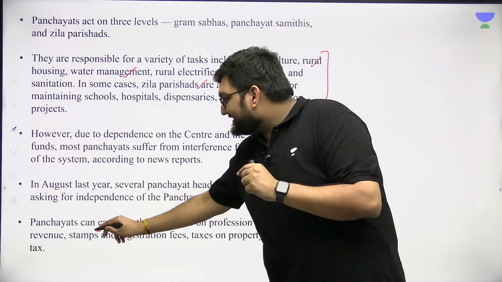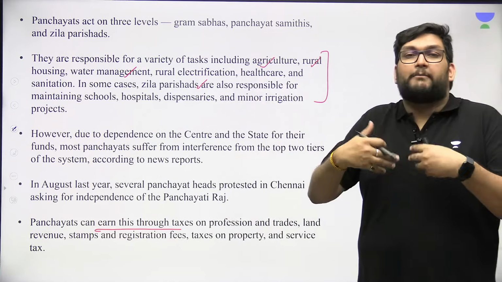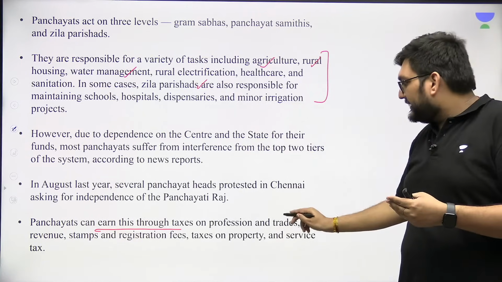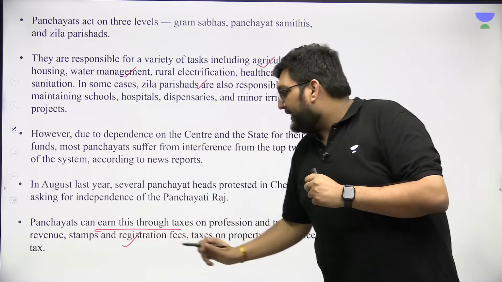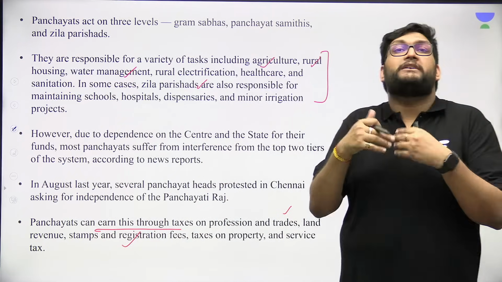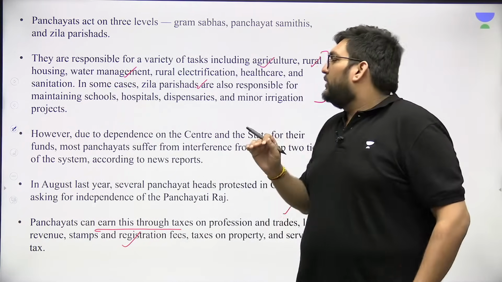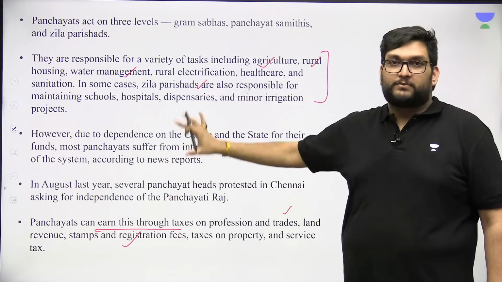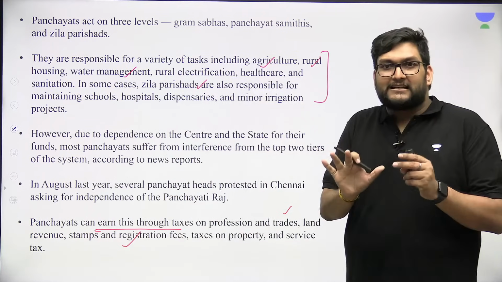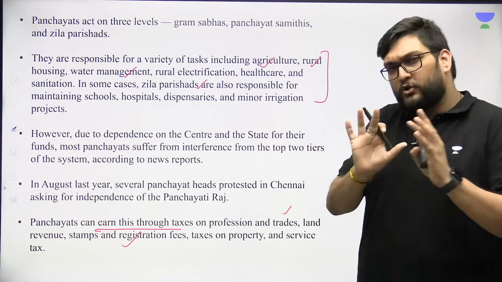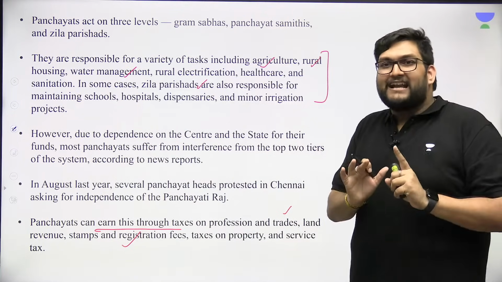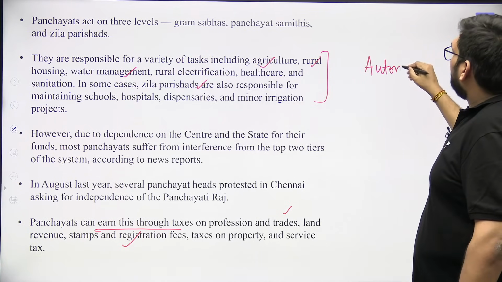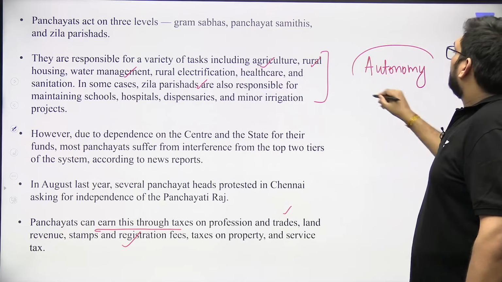And Panchayats can earn a certain amount of revenue through taxation of professionals, trade, land revenue, stamp and registration fees and property tax in that regard. Now, based on the level and profile of PRIs, which is Panchayati Raj institutions, we can realize that they are a very important level of governance. We know that. Now, in that sense, a very important word comes in, which is autonomy.